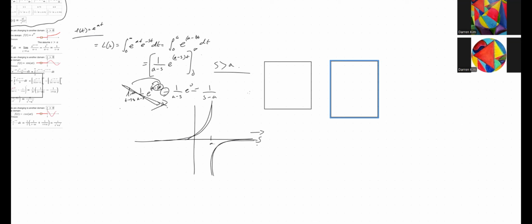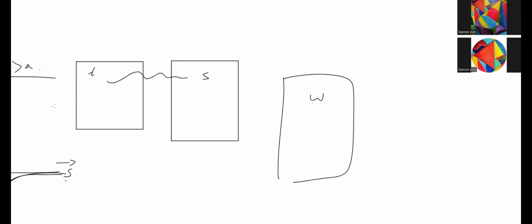I should probably explain what one-to-one means. Imagine this is the time domain, and this is our S domain. What's happening is that we're taking from the time domain and plugging into the S domain, and there's also the frequency domain that we're plugging into here.